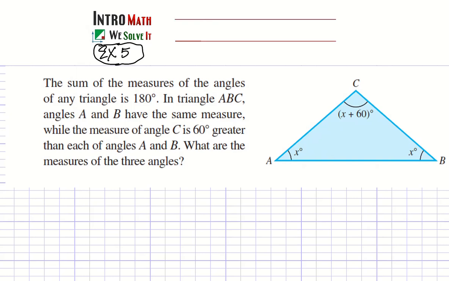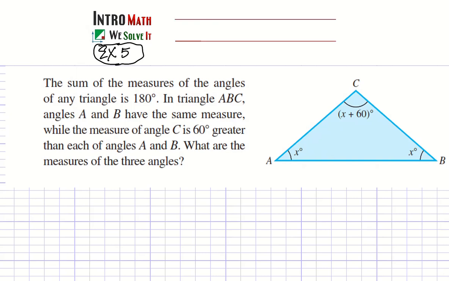But anyway, let's see what it says. Oh, I'm sorry, I didn't read the whole thing. Let me read the whole thing instead of analyzing. The measure of angle C is 60 degrees greater than each of angles A and B. What are the measures of the triangle's angles?